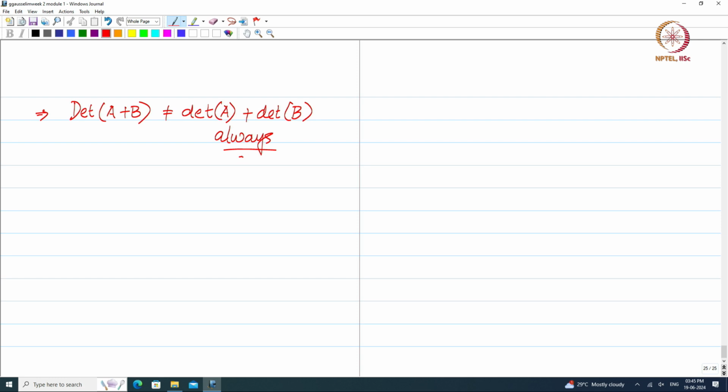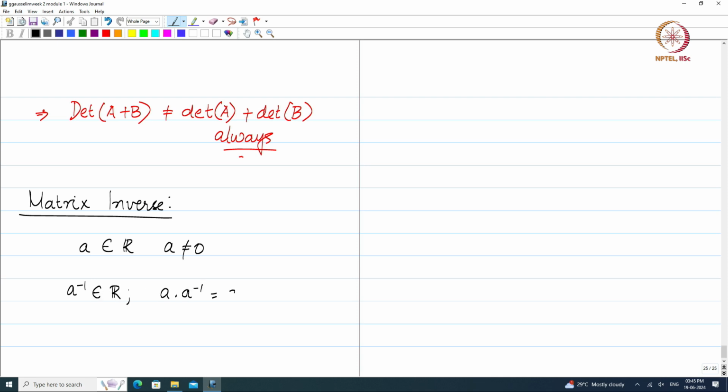Now, we will look at matrix inverse. What is matrix inverse? Recall that if A is a non-zero real number, we can find a real number A inverse such that A into A inverse is equal to A inverse into A, that is equal to 1.